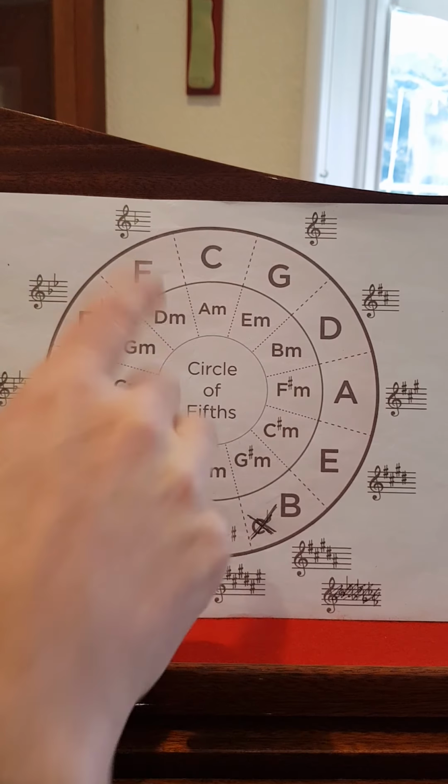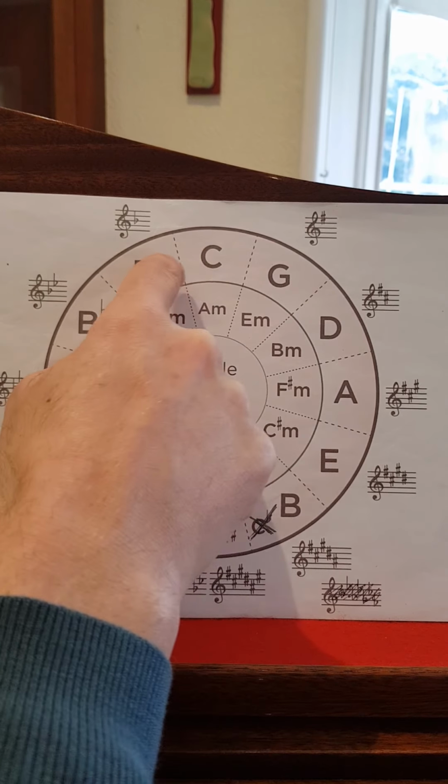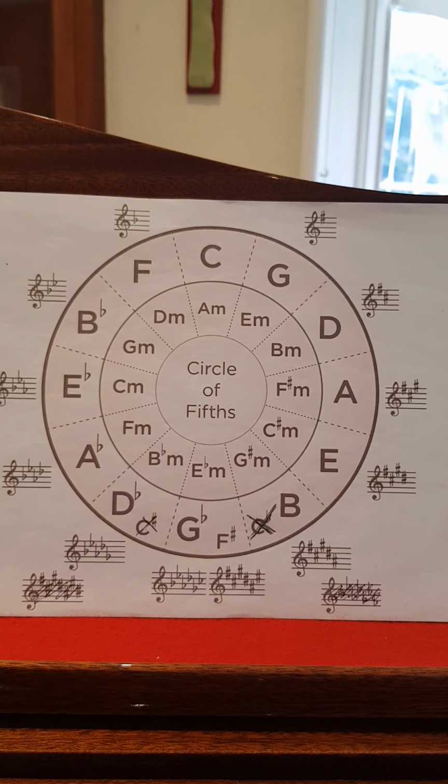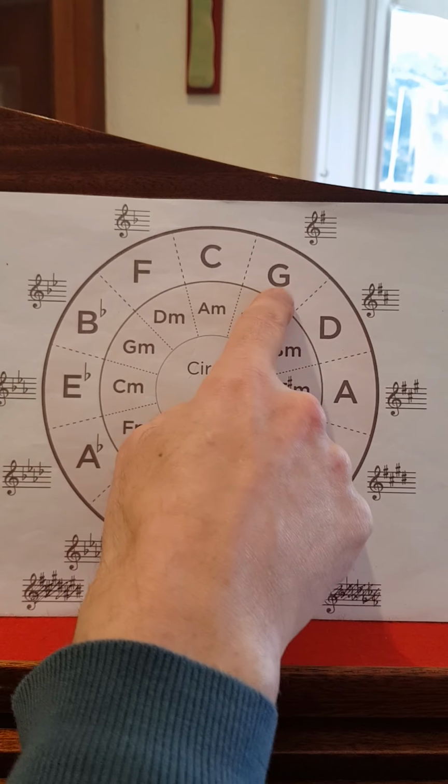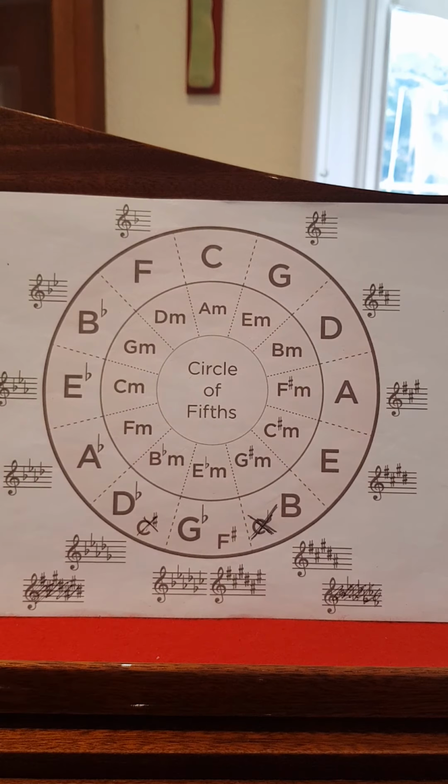So I'm going to start in the key of E flat, and I'll do a 2-5-1 into E flat. Okay, and then I'm going to jump to G, and I'm going to approach it from A. Okay, so that again was, and then it was, okay.